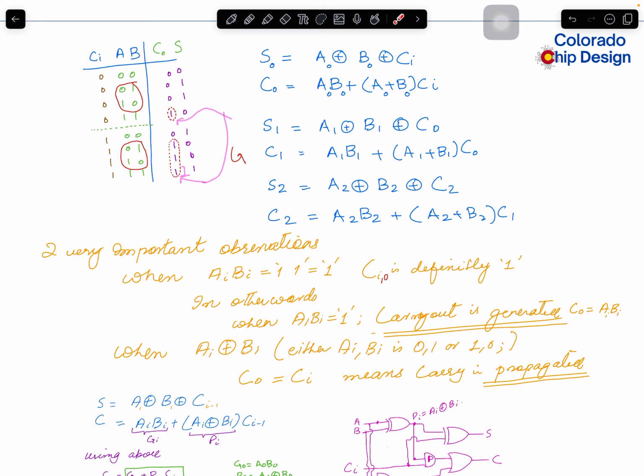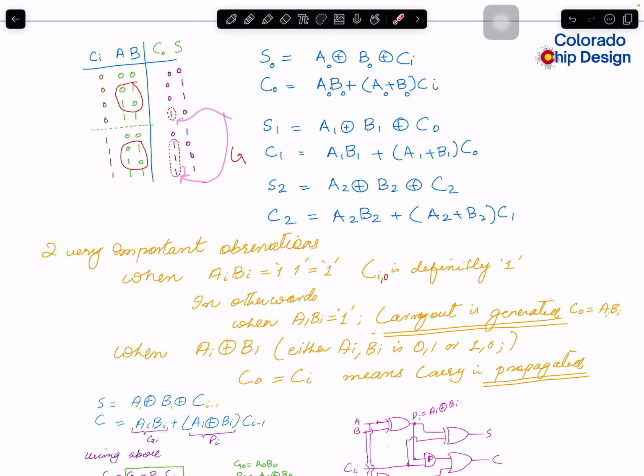So that's an interesting observation that, okay, it seems like when A and B are 0 1 or 1 0, the carry output basically propagates the carry input. It's exactly similar to carry input. And then can you think of, for 0 1 1 0, for what combination of A and B, what type of pattern, which logic gate represents that pattern and output becomes 1?